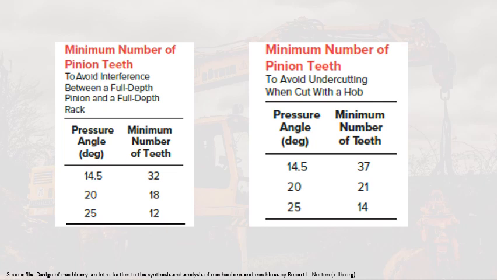For the minimum number of pinion teeth to avoid undercutting when cut with a hob, we can also use this table here. Say for example, you have a pressure angle of 25, then the minimum number of teeth to avoid undercutting would be 14.